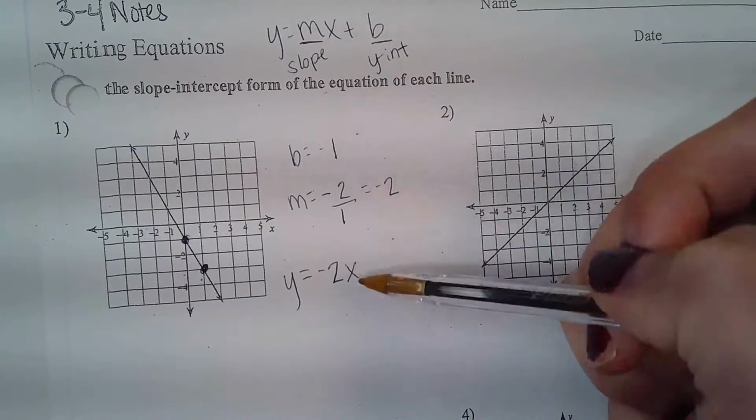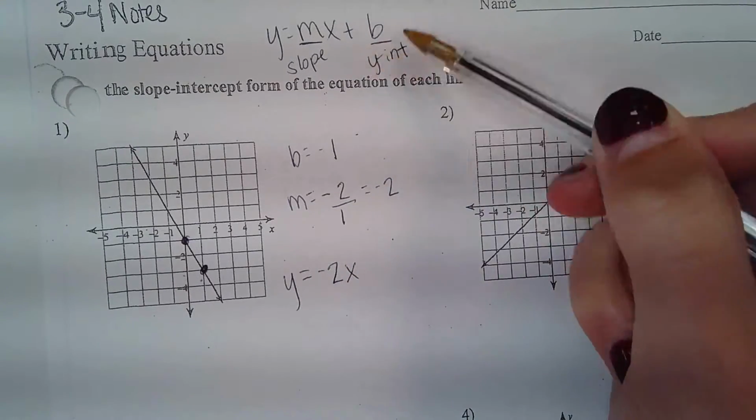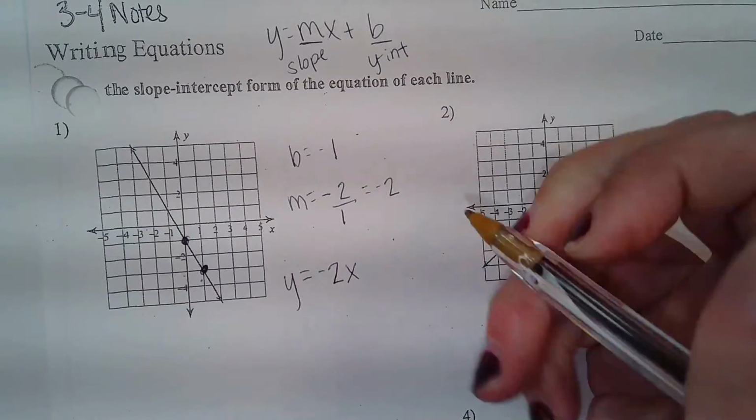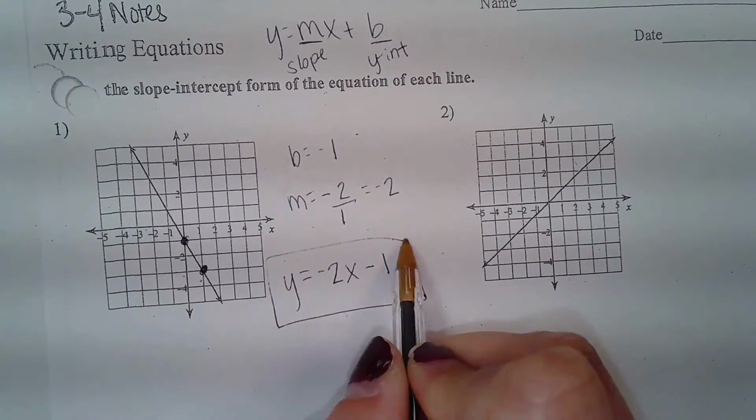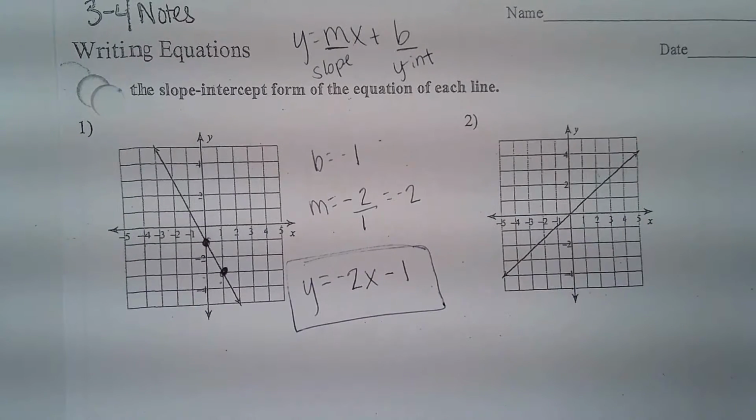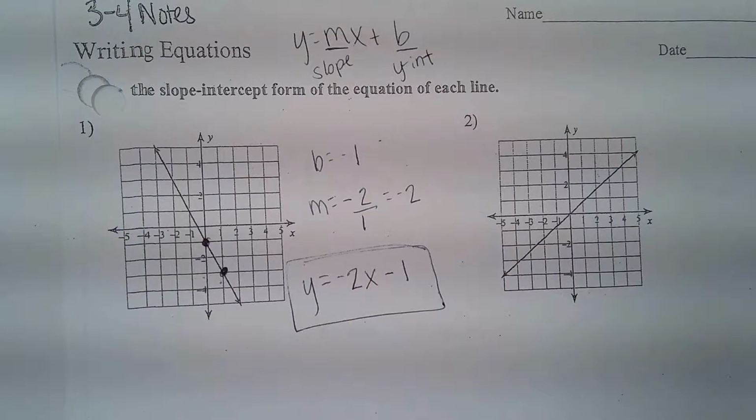So you have to keep the x in there, and then you need the b, which was our y-intercept, and we said that was what? -1. So that's the equation of your line. Are we good with that? Yes. Do you have any questions?